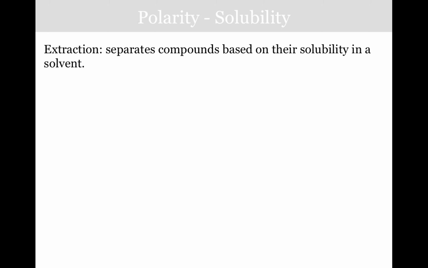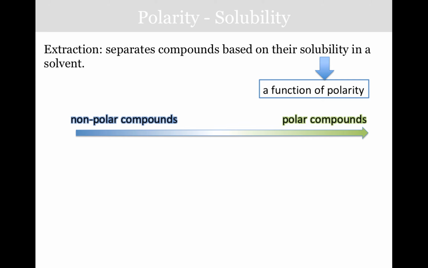I want to highlight the relation between solubility and polarity of compounds. In extraction methods, compounds are separated by their solubility differences in two different solvents. And solubility is a function of polarity. Let's have a general scale for compounds from nonpolar to polar.